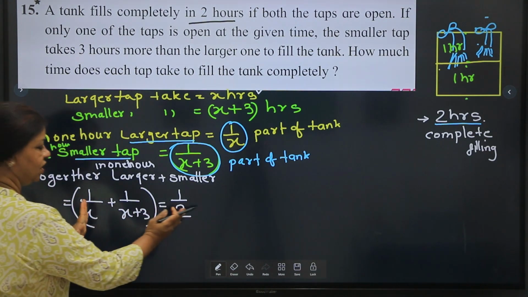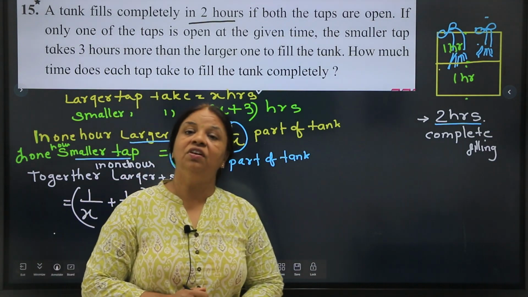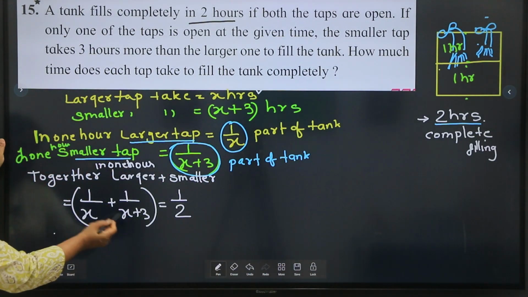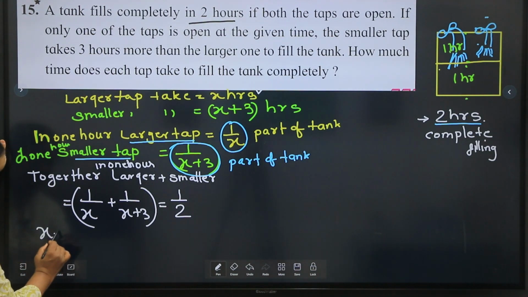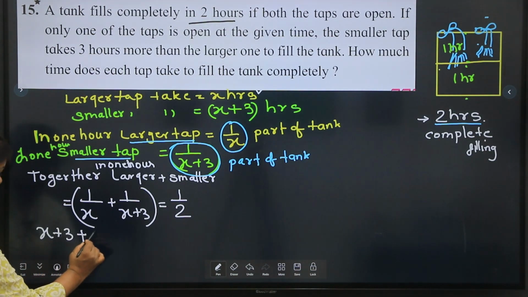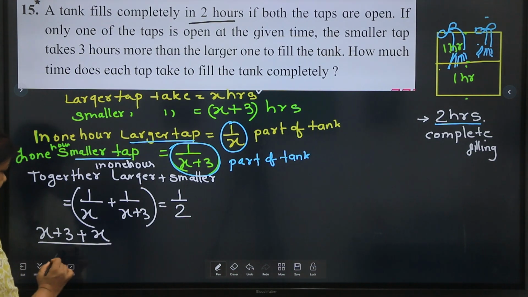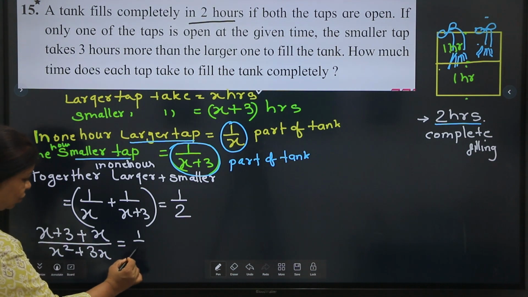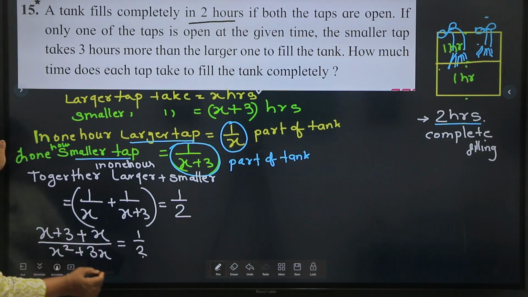Okay, now we can solve this equation and we can get the value of x. Let's solve this. x plus 3 plus x upon x square plus 3x is equal to 1 upon 2. Now 2 will go here.